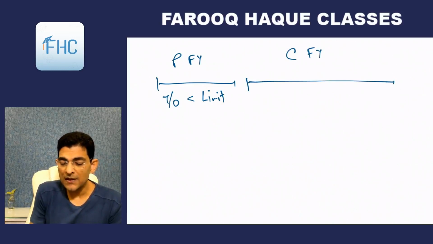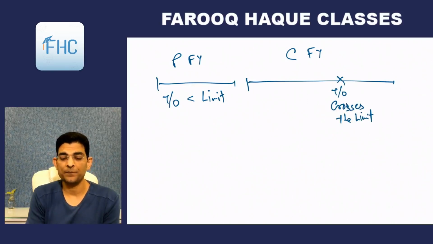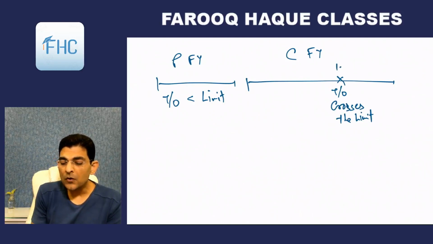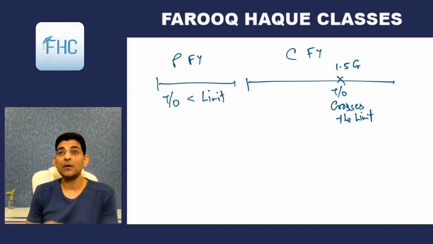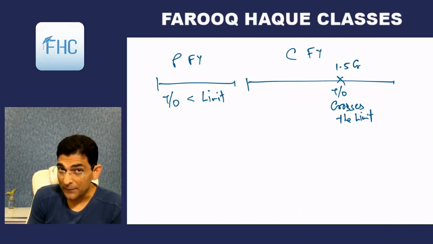But slowly and steadily as the year progresses, a day comes when your turnover crosses the limit. Say for example, if the limit is 1.5 crores. So your turnover crosses 1.5 crores at some point during the current year. So now what will happen?